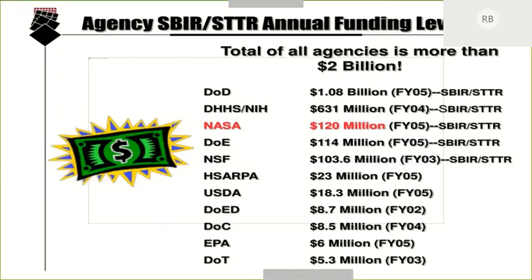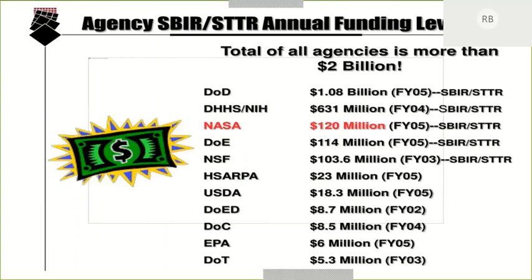The next column over is the money that they put into the SBIR and the STTR programs. And as I mentioned before, not all of the agencies participate in the STTR programs. All of the agencies do SBIR, and only some of the agencies do STTR. And you can see here which ones do STTR.